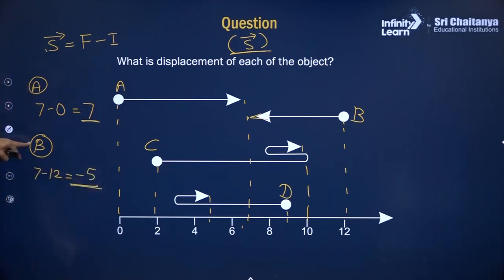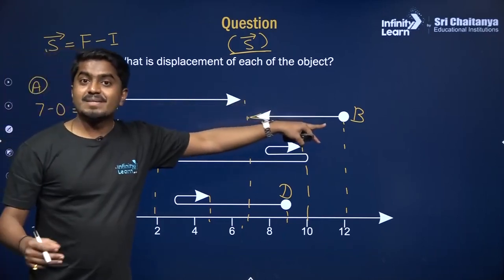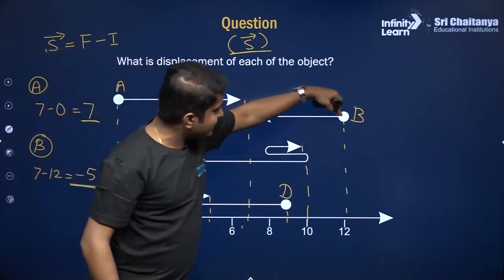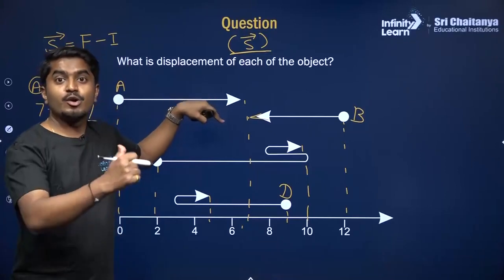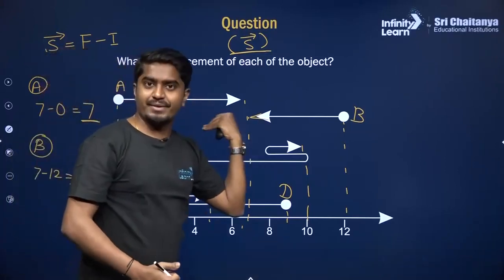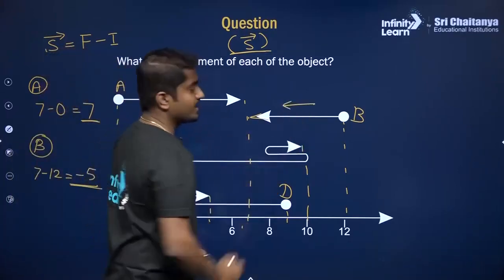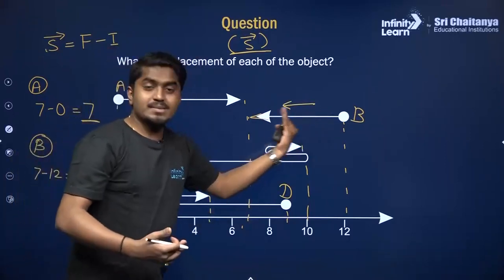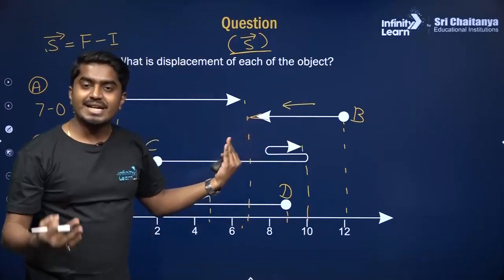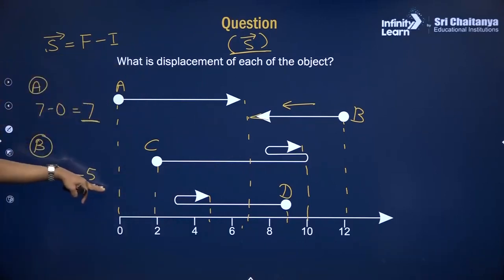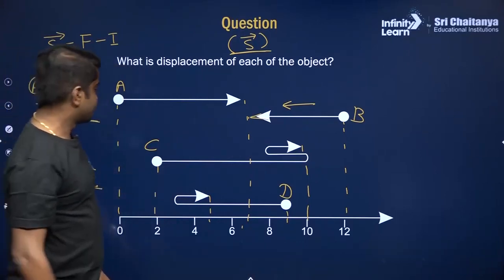You see here, for object B, displacement is negative. And you can clearly see the object is moving to the negative x-axis, to the left. The total displacement is to the left. That is the reason here the displacement has a negative sign.